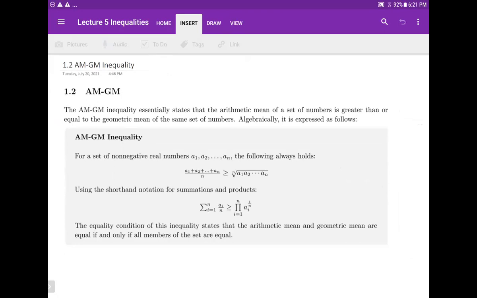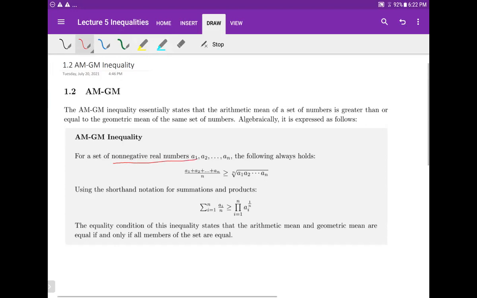For a set of non-negative real numbers, a sub 1 through a sub n, the following always holds: the sum of all of the a sub i over n is greater than or equal to the nth root of the product of a sub 1 through a sub n. And below there is a shorthand notation for the same inequality. One important thing to note is that this holds for non-negative real numbers and not all real numbers.